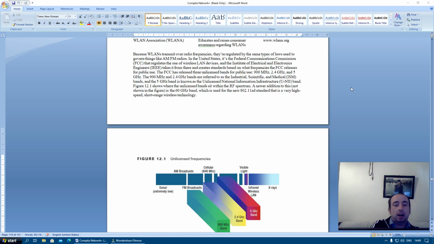Because wireless LANs transmit over radio frequencies, they're regulated by the same types of laws used to govern things like AM and FM radios. In the United States, it's the Federal Communications Commission (FCC) that regulates the use of wireless LAN devices, and the Institute of Electrical and Electronic Engineers (IEEE) takes it from there and creates standards based on what frequency the FCC releases for public use.